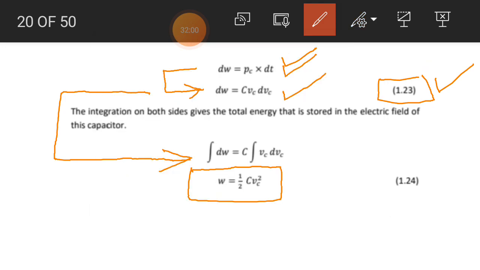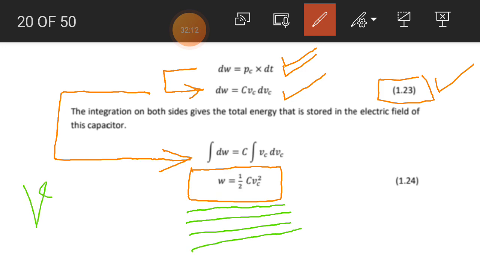The total energy which is taken by the capacitor from the voltage source will be equal to 1 over 2 into C Vc square, and keep it in your mind that in this particular case the voltage across the capacitor is equal to the applied voltage. So we can find out the total energy with the help of equation number 24. This is how we calculate the total energy.